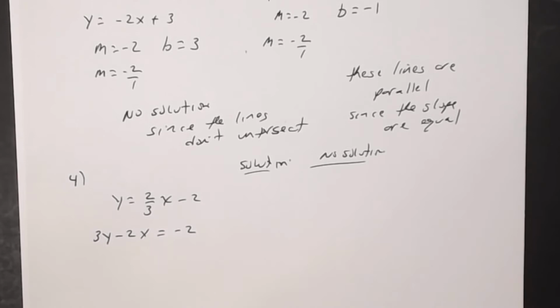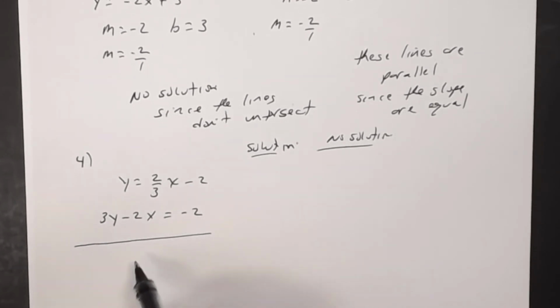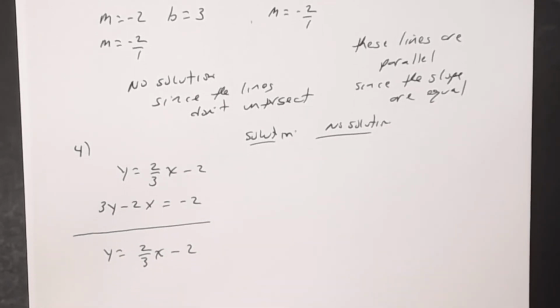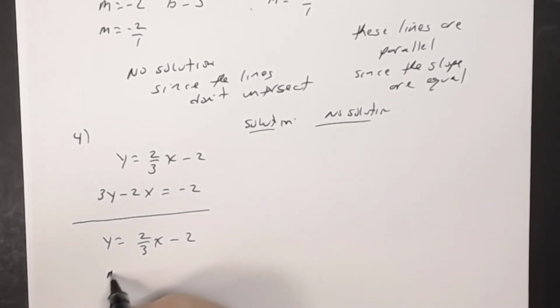We want to solve this by graphing. So let's look at the first equation and graph it. y equals 2/3 x minus 2. The slope is 2/3, the coefficient of x, and the y-intercept is negative 2.